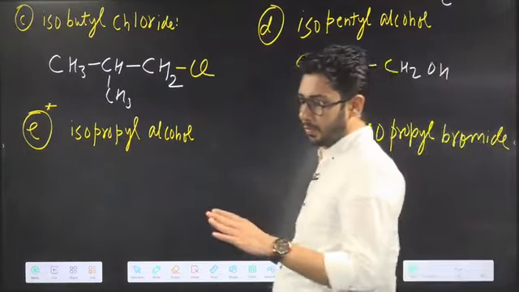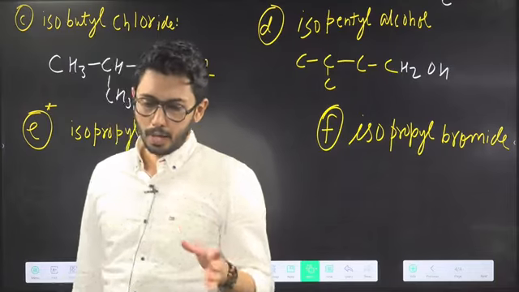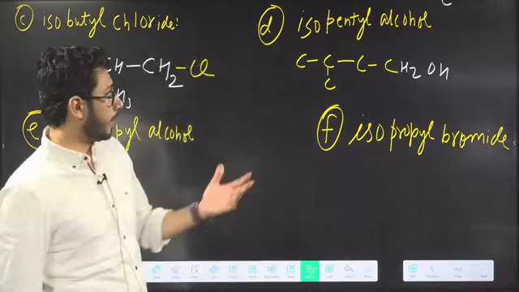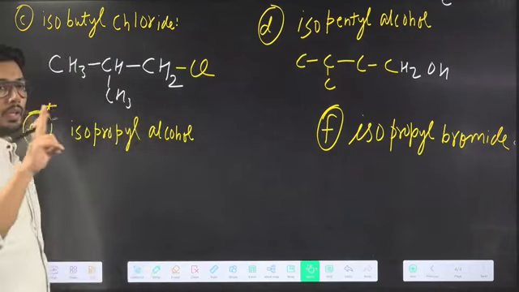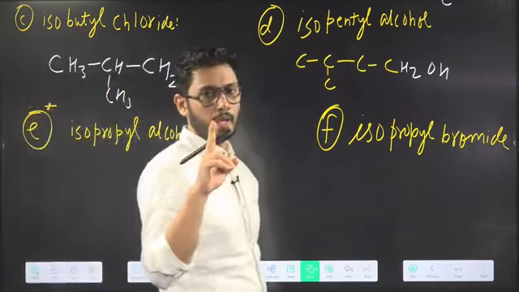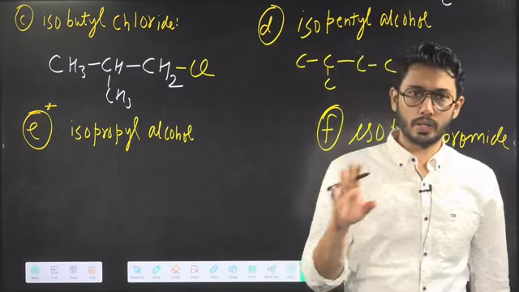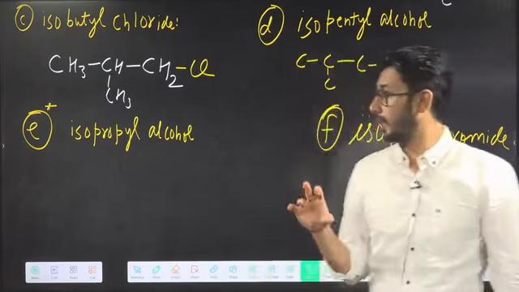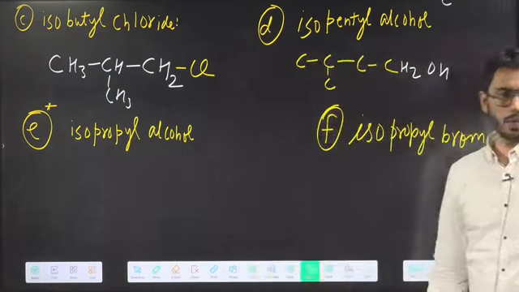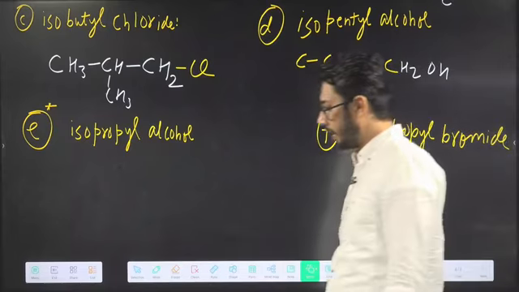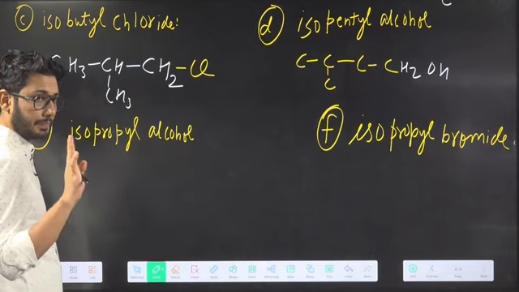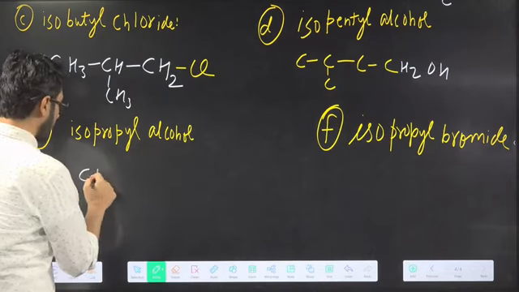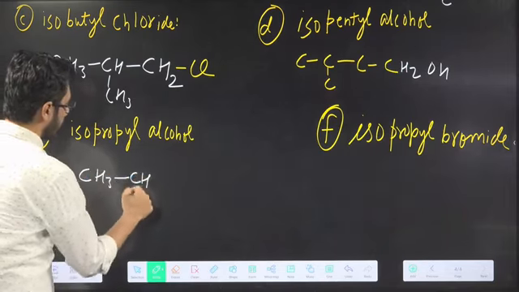In the iso group, if you observe, primary carbon is there, yes. Secondary is possible with carbon chain increase. Tertiary only 1, and no quaternary carbon. Some variation you will get in isopropyl. In isopropyl, already 3 carbons are there, and the iso group is also 3 carbons: CH3, CH, CH3.